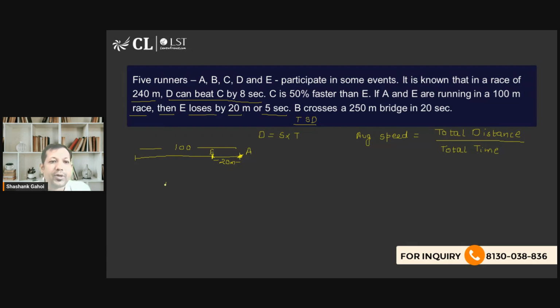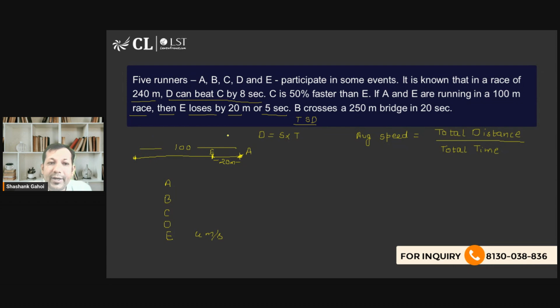I am just going to write down the speed of every person, A, B, C, D and E. So the speed of E is 4 meter per second.